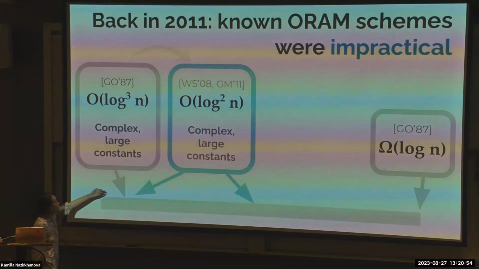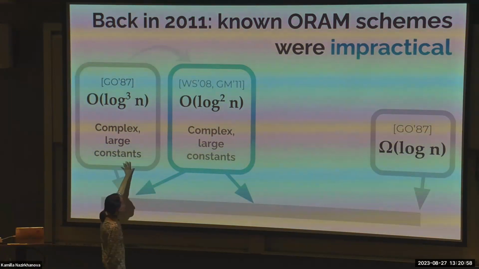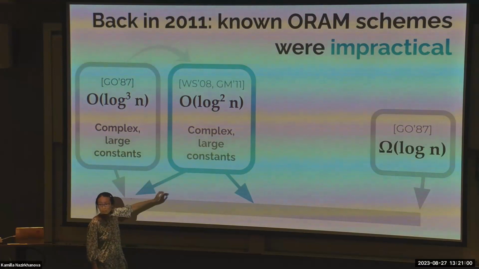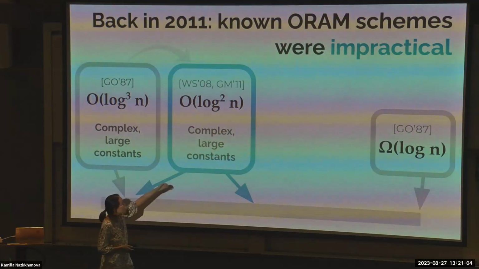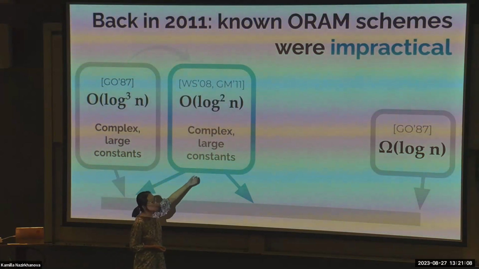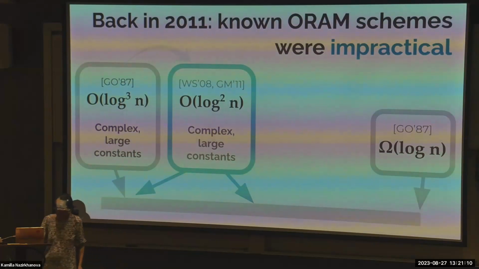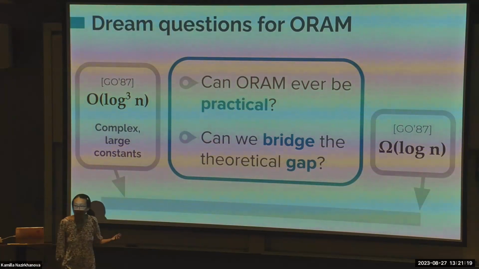And then after Goldreich and Ostrovsky, there were some works that tried to optimize the original scheme, but all of these schemes are in the same framework, and they inherit the same drawbacks. So you can cut down to log squared, but still they're not practical. So we wanted to make ORAM better, and we realized there are 2 big questions. One is, can ORAM ever become practical?